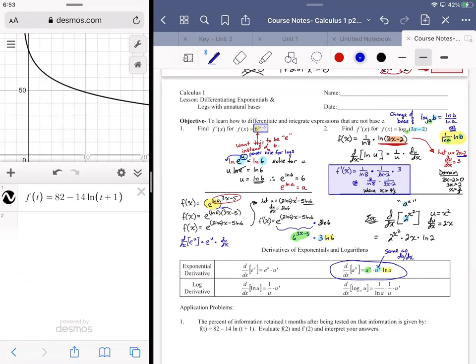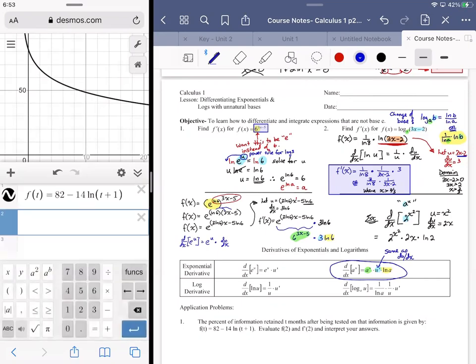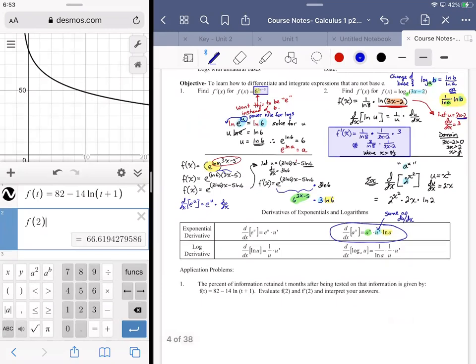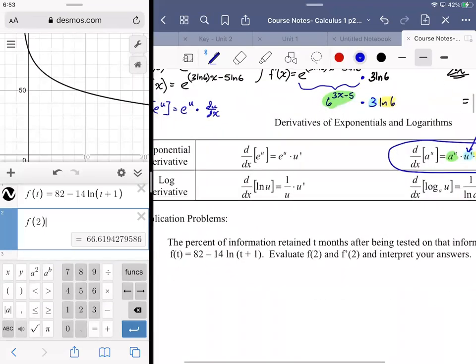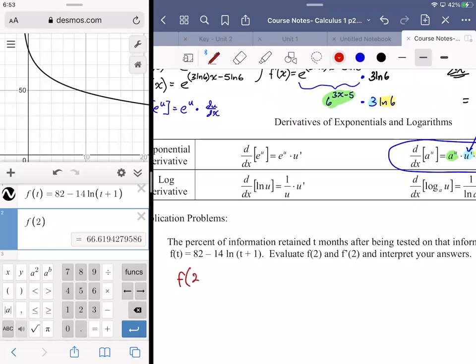Now after 2 months, this individual will have retained about 66.619% of information. So f of 2 is equal to, well, I'm going to write the approximate form.